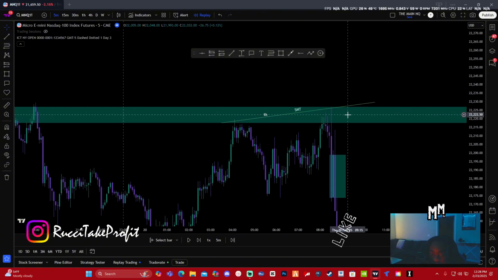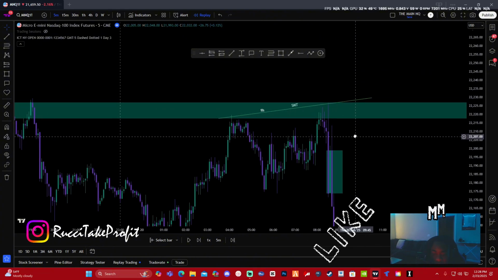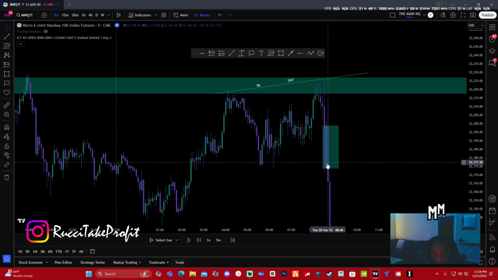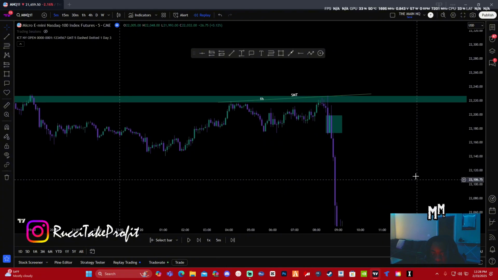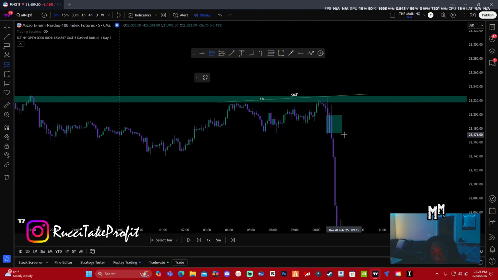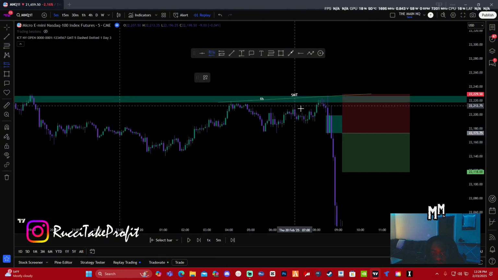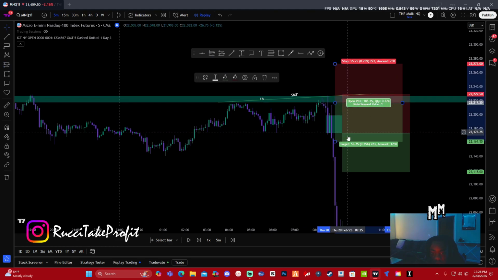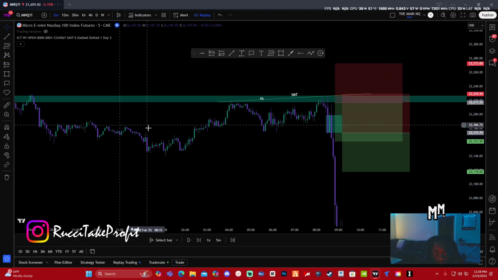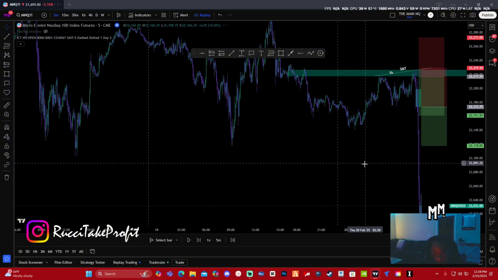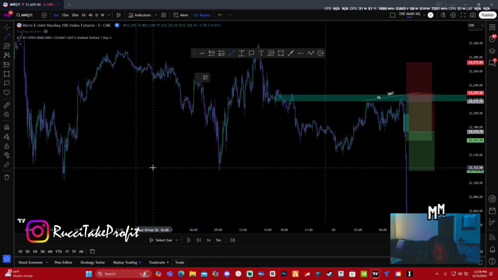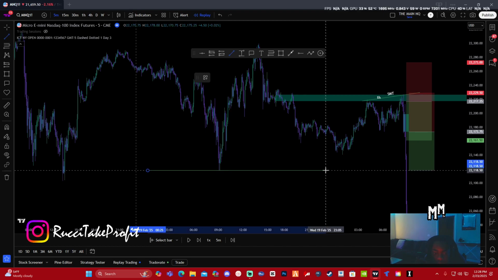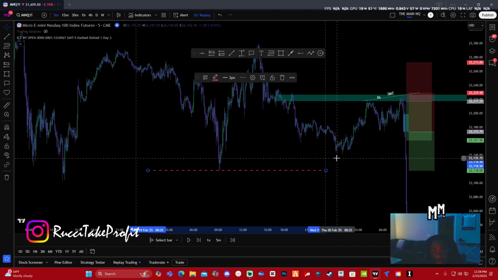And if you would have missed this entry up here on the 5-minute, there was another opportunity granted here. So you could have got that entry here, or you could have got that entry here. Either way, still targeting, well, at this area, this was previous day low here, and what did price do?